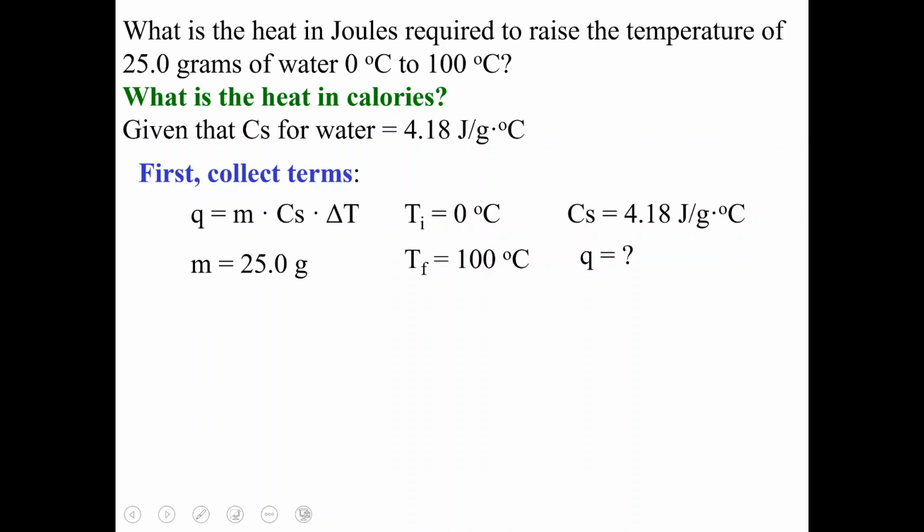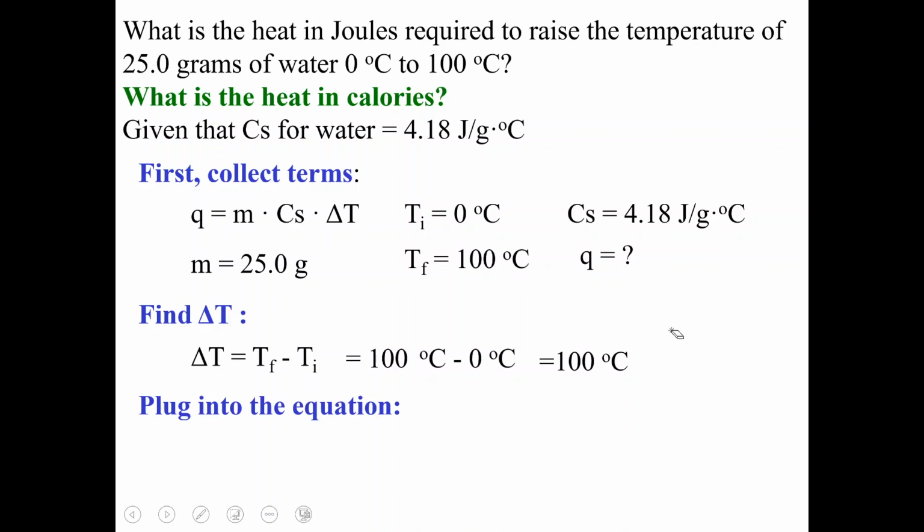We're looking for Q. Let's find delta T first. Remember, it's final minus initial. So this is 100 degrees C minus 0 degrees C, which is of course 100.